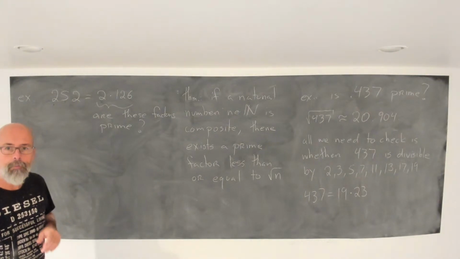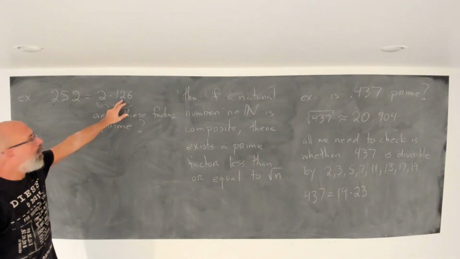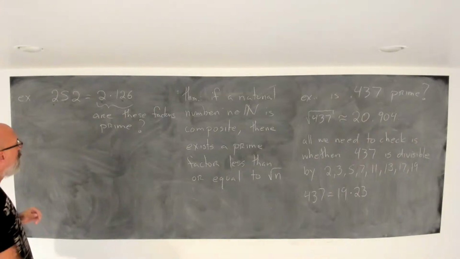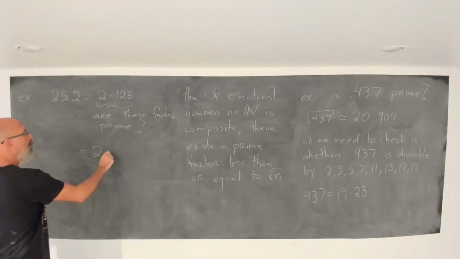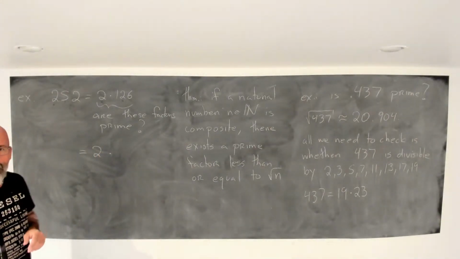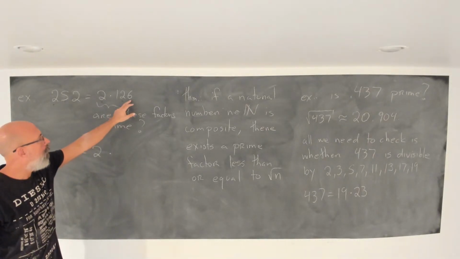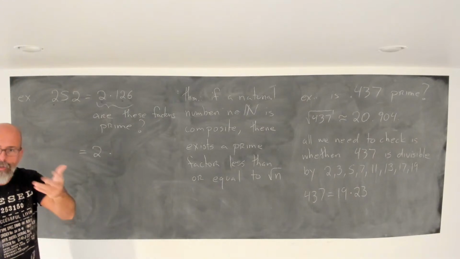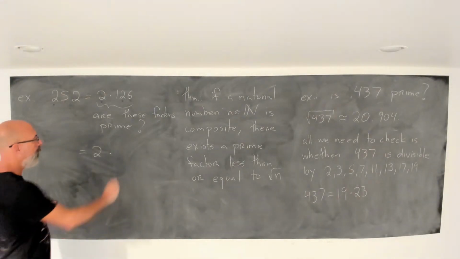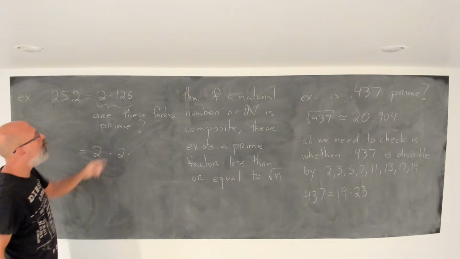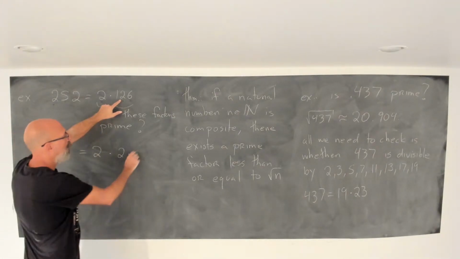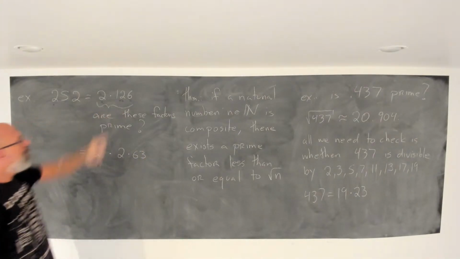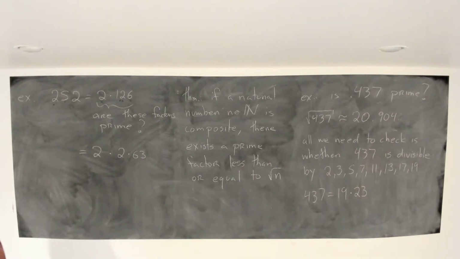Very nice. What about 126? 126 is not prime, right? It's an even number, so it's divisible by 2. Let's divide by 2 again. This is going to be 2 times 63.